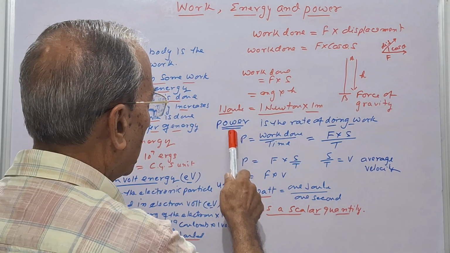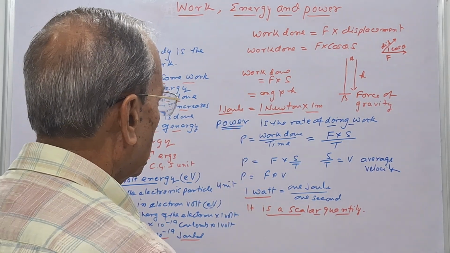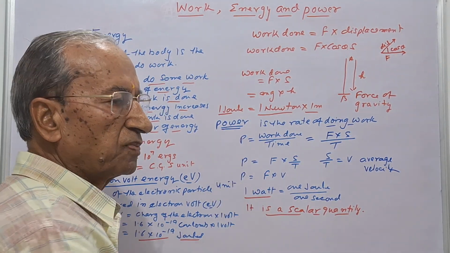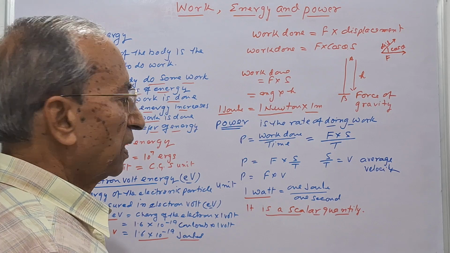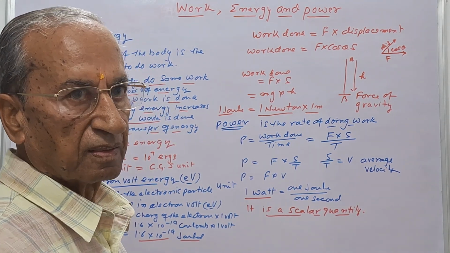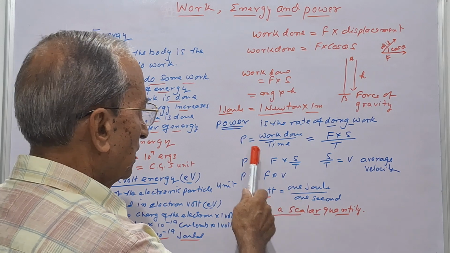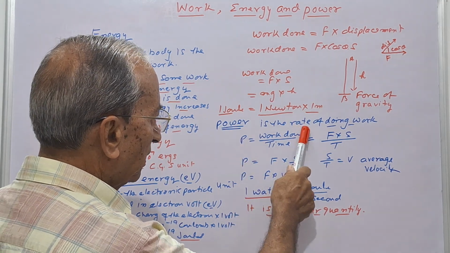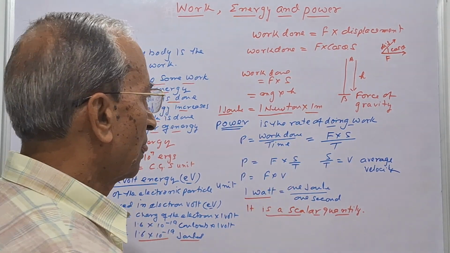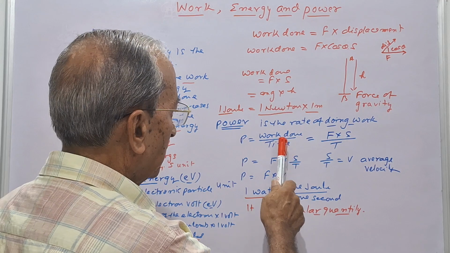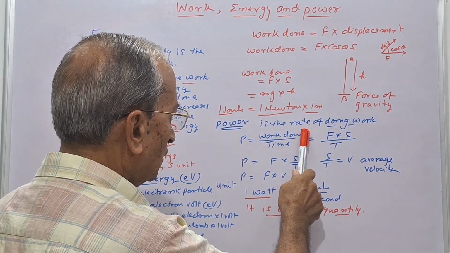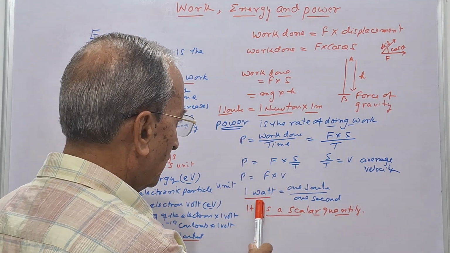Now come to power. What is power? That is the rate of doing work. So power is equal to work done upon time. The unit of work done is joule, and the power unit is 1 watt.